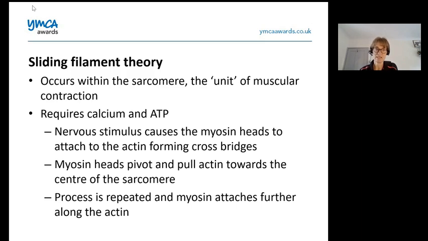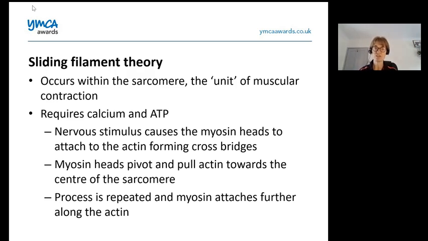Now let me just take a step aside for a minute to describe the actin and the myosin. The myosin looks like a double-headed golf club. So that's the big, thick, fat one. Think of a golf club with two big black heads. And the actin is like a double strand of pearls that's been twisted.